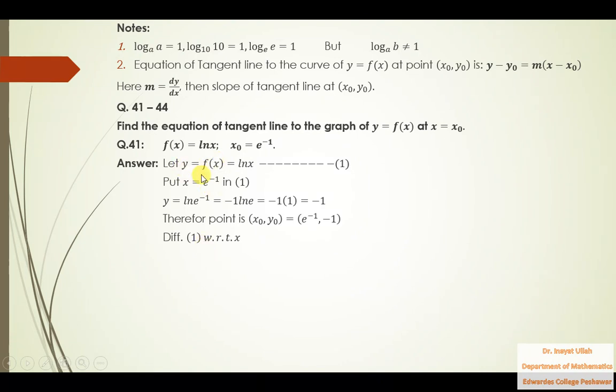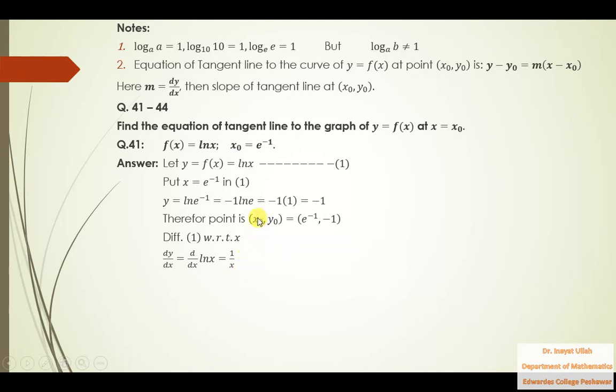Differentiate equation number 1 with respect to x, both sides. So derivative of y is equal to derivative of log of x, you see here. And derivative of log of x is actually 1 by x, that is the derivative of y. We need to find this derivative at this given point, and we see that only x is used here, so we just need to use the value of x, in fact the value of x naught.